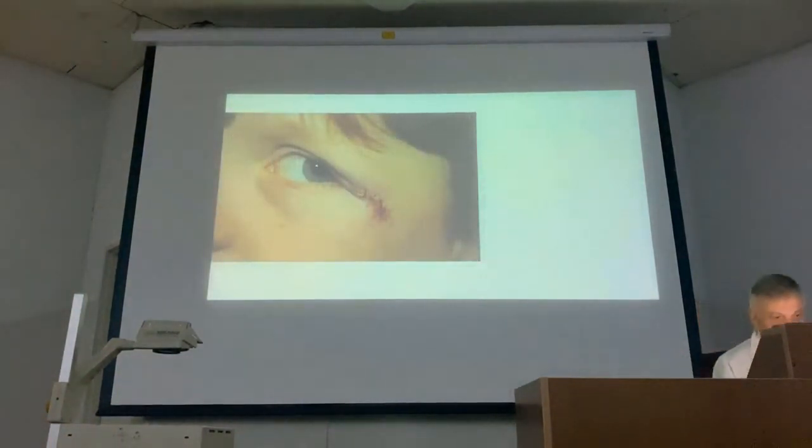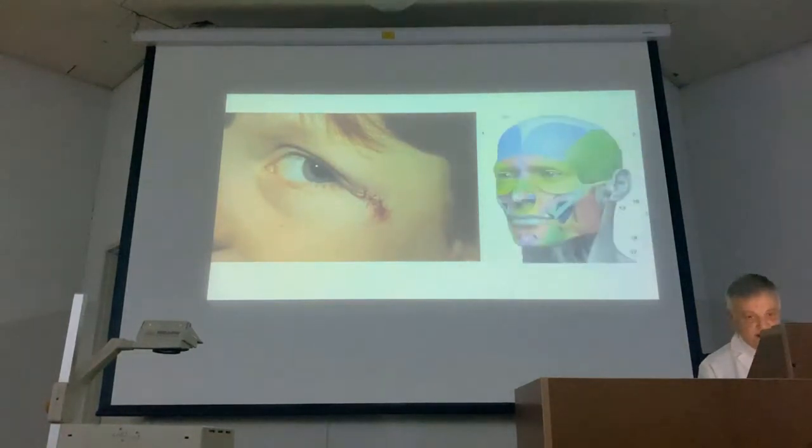What about this wound? At the lateral angle of the eye, it is here, extending from the orbicularis oculi to the temporalis. If you stitch it blindly, whenever the temporalis is contracted, like in chewing, temporalis muscle is a muscle of mastication, the lateral angle of the eye moves lateral.